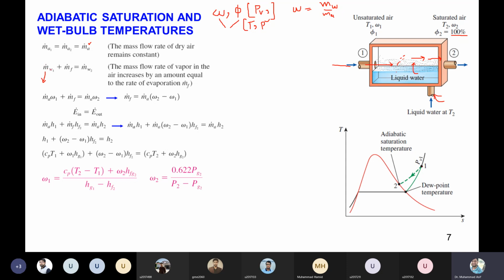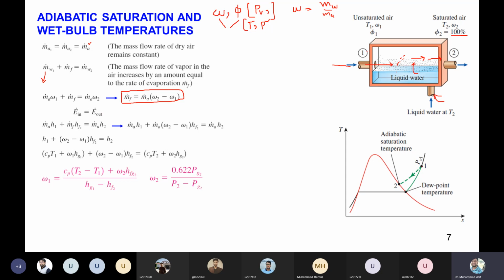So we can convert this as MA omega 1 plus M dot F is equal to MA omega 2. So from here, M dot F will be equal to, MA being constant, omega 2 minus omega 1. So the mass of the water vapors is basically the difference of the specific humidity, omega 2 minus omega 1, multiplied by MA.